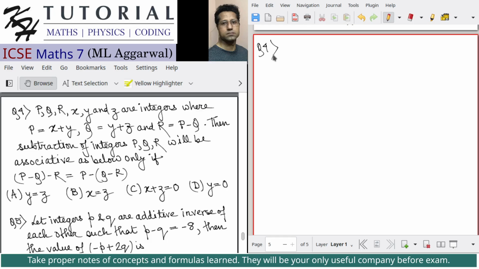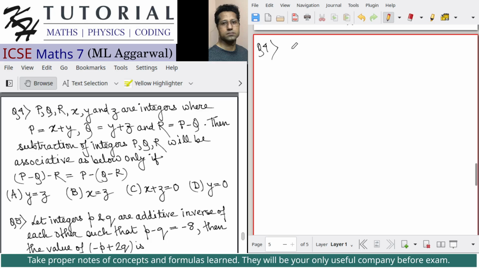Subtraction of integers p, q, r will be associative as below. So we know that if subtraction of the three integers p, q, r is associative, we can first do p minus q and then subtract r from the result. Subtraction has to be associative on the integers p, q, and r.